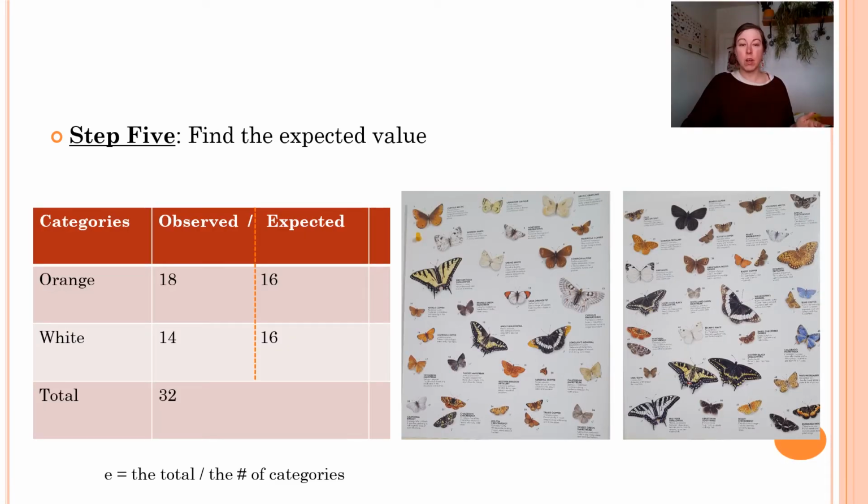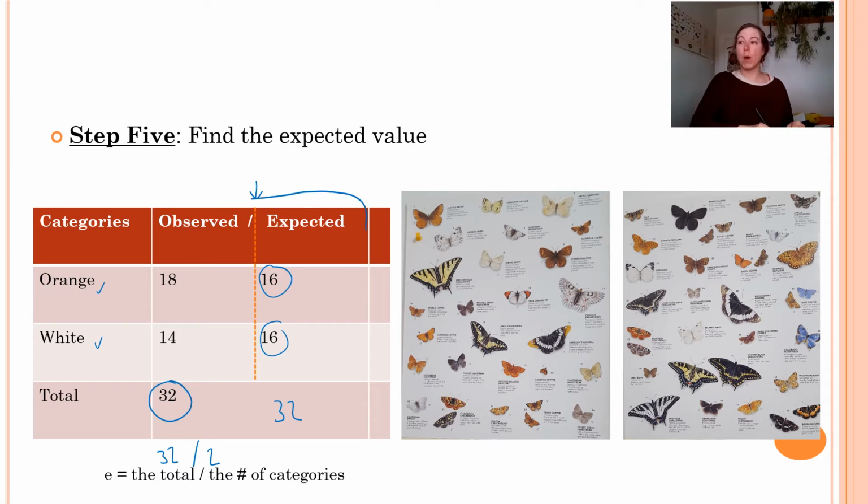So here, our total is 32 divided by the number of categories, and we get 16. So this is where it's important to see that this line is dotted because 16 and 16 equals 32.